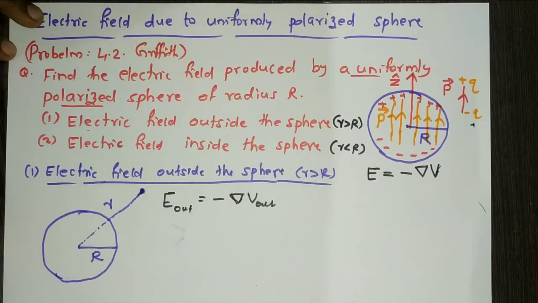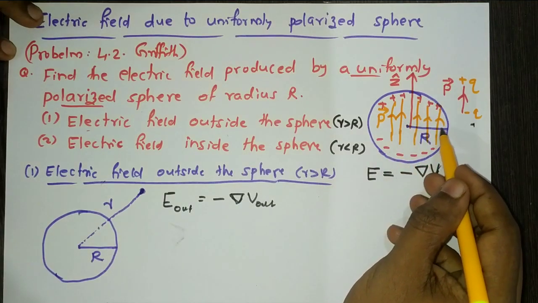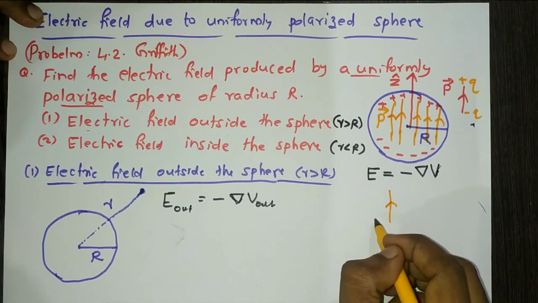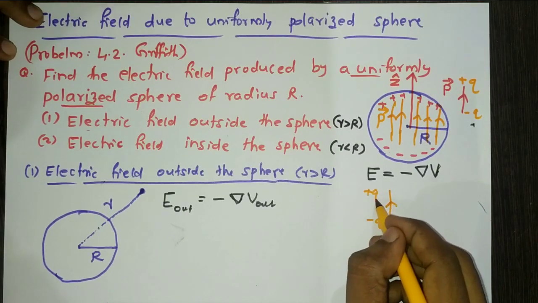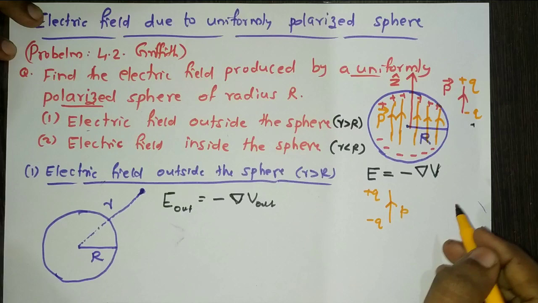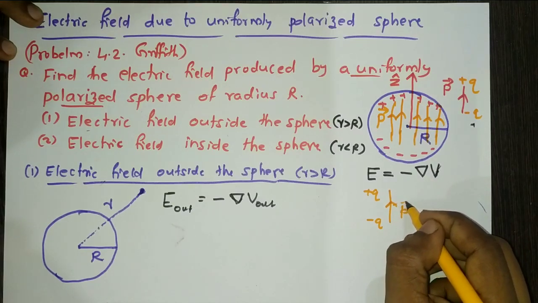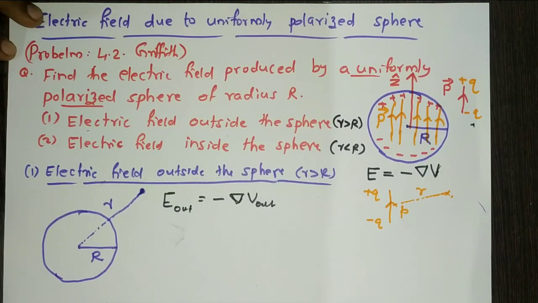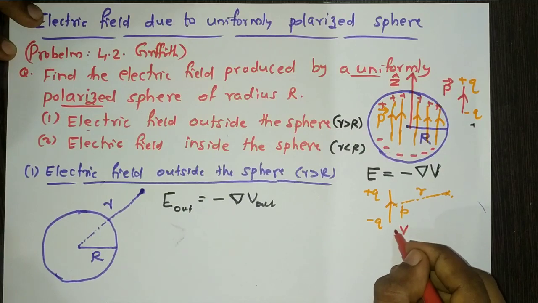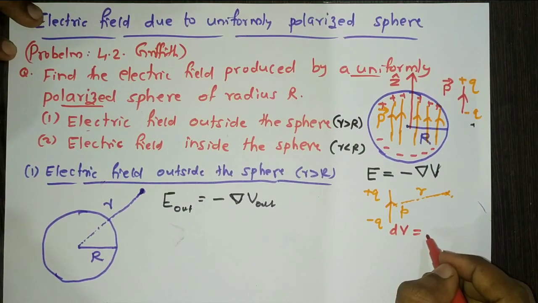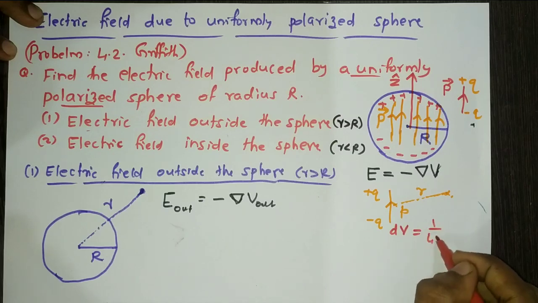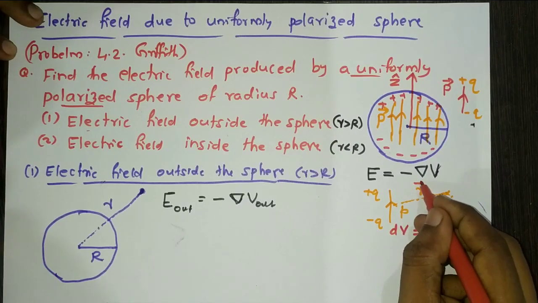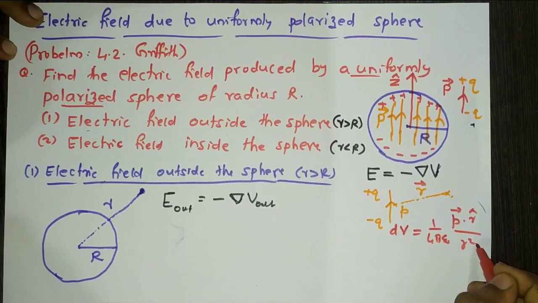Because this polarized object consists of a large number of dipoles, let me first consider one single dipole. It consists of minus q charge and plus q charge. Its dipole moment is along this direction. Then at a particular distance r, at this point, the electric potential due to this single dipole, let me write it as dV, is 1 by 4 pi epsilon 0, p dot r cap, divided by r square.